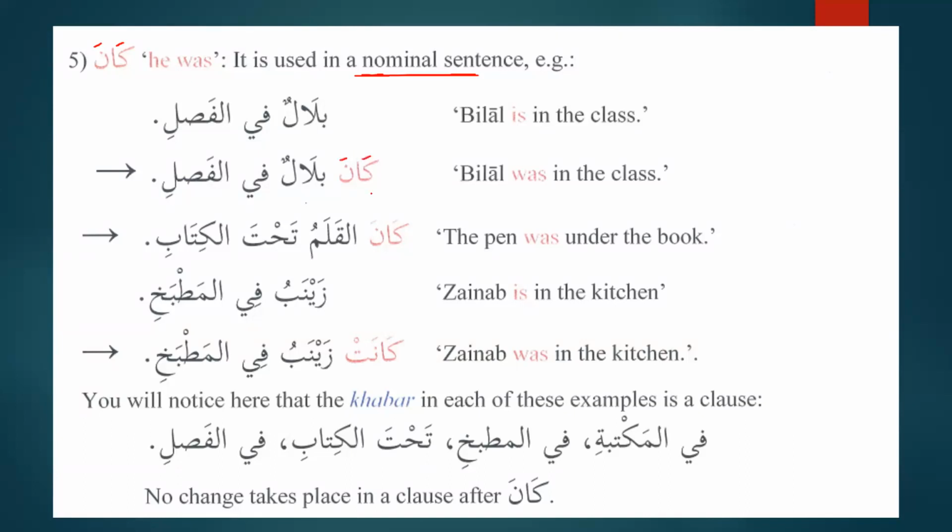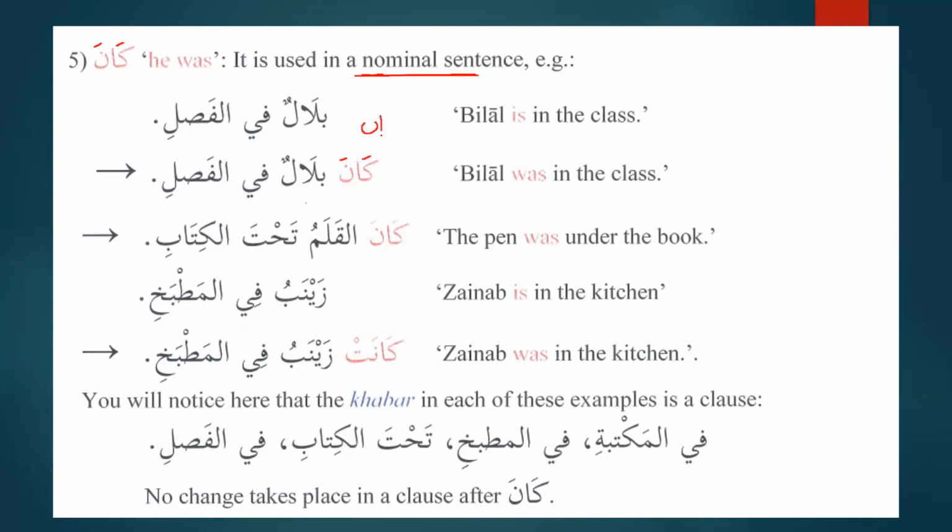Now you remember something? We have learned some particles, for example inna and anna. We know that there is an ismu inna and there is khabaru inna. And now we are learning about kana, and kana also has ismu kana and khabaru kana. What is the difference between inna and kana?